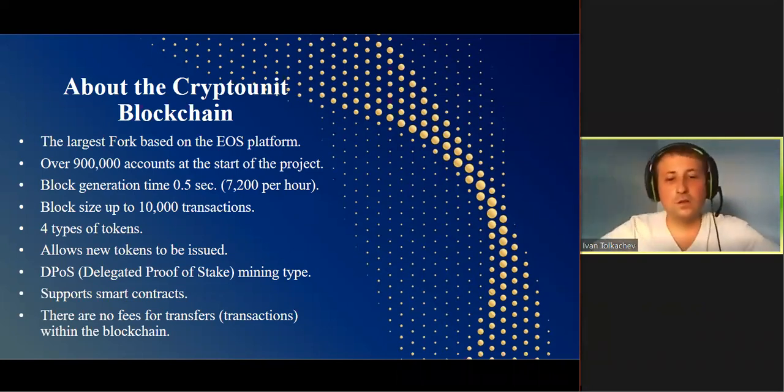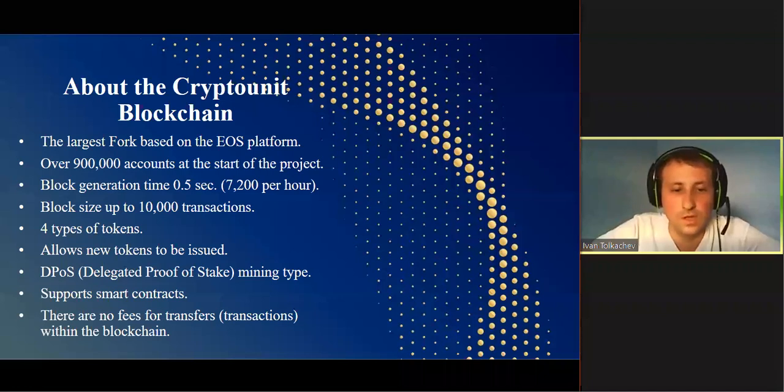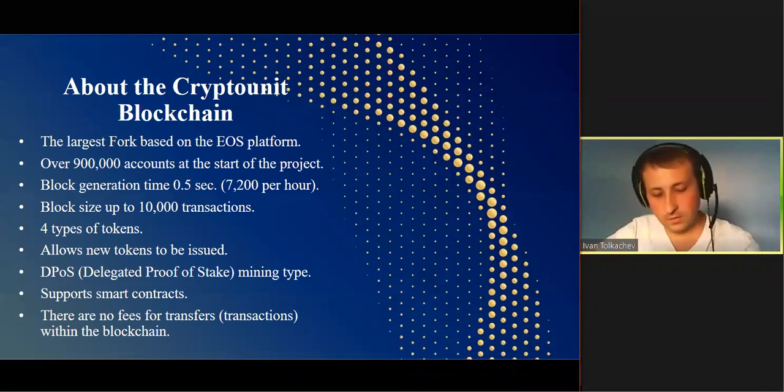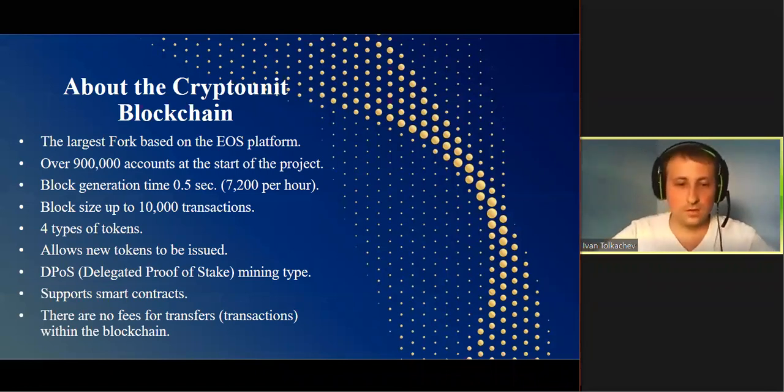At present, there are 4 types of tokens available on the Cryptounit blockchain, and it provides the possibility to issue new tokens. The type of mining you remember from the first session. If you haven't seen it, please do, as one way or another I will refer to the terms and concepts studied during our first session.